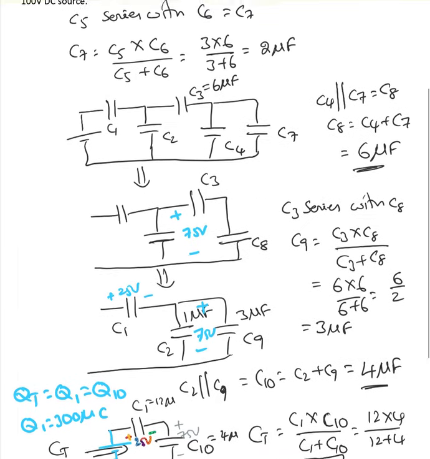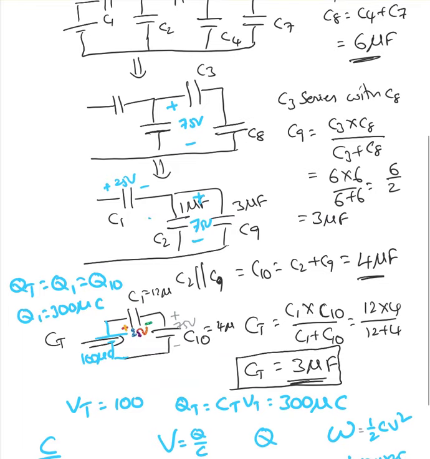So I know this is 75 microcoulombs, so the rest, 225 microcoulombs, is going to be across that C9. Now if you move back, here I have 225 microcoulombs of charge, because C3 and C8 are in series. In series, the charge is going to be the same.